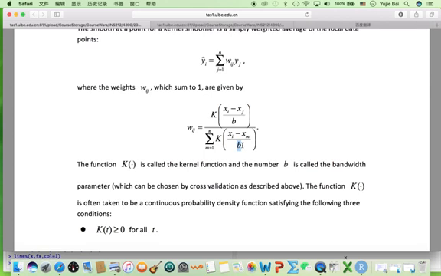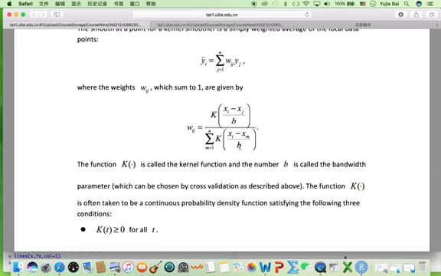So in this case, the small B gives us the curve with better goodness of fit, but less smooth.